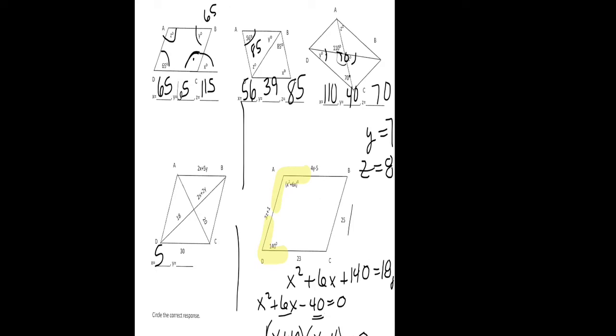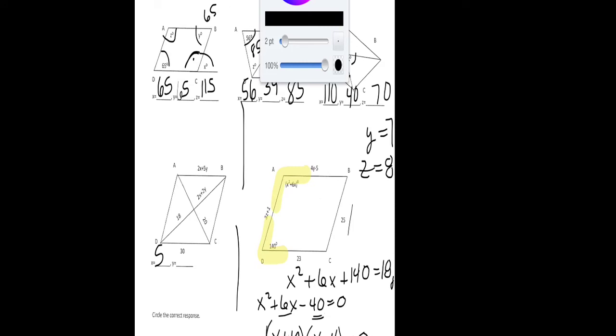So from that, you're going to find that x is equal to negative 10 from that equation there, and x is going to equal positive 4 from that equation there.